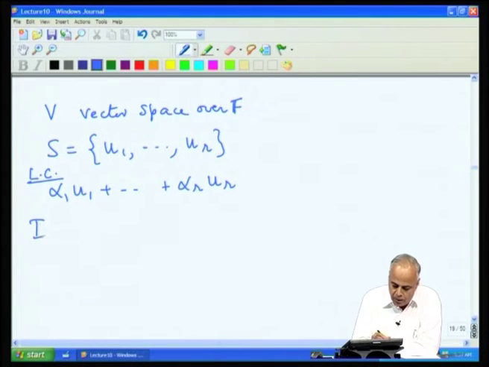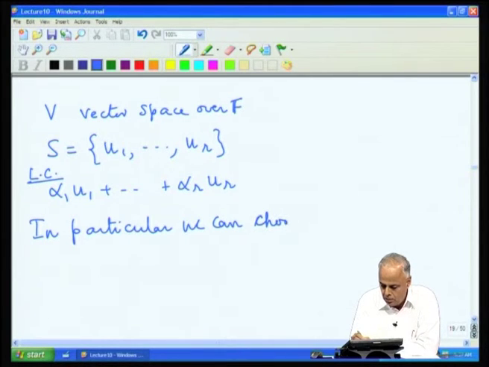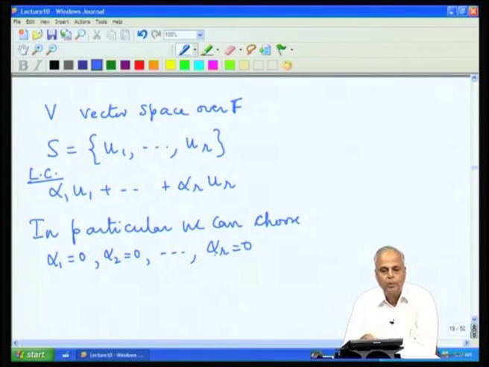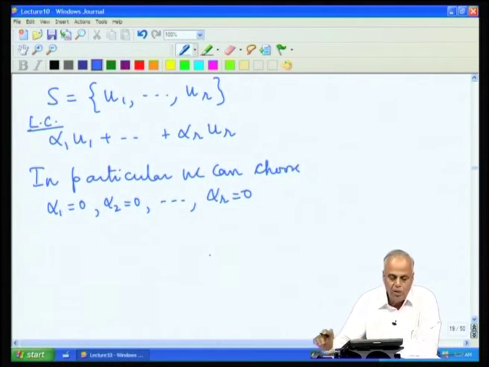In particular, we can choose alpha 1 as 0, alpha 2 as 0, and so on, alpha r as 0. Suppose I choose all the alphas to be 0, what do I get?